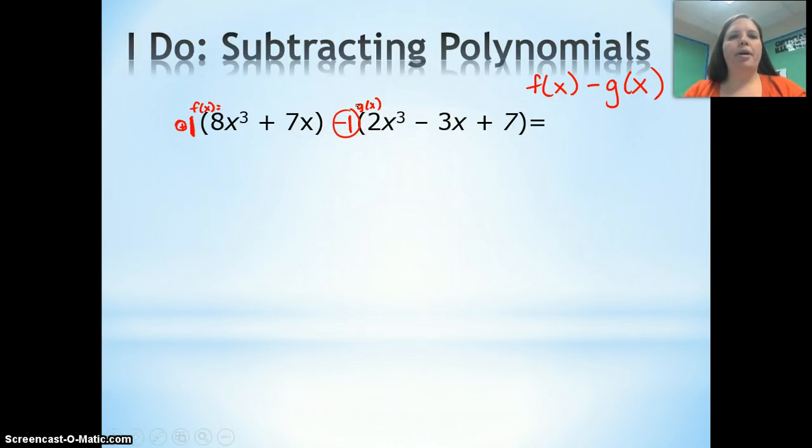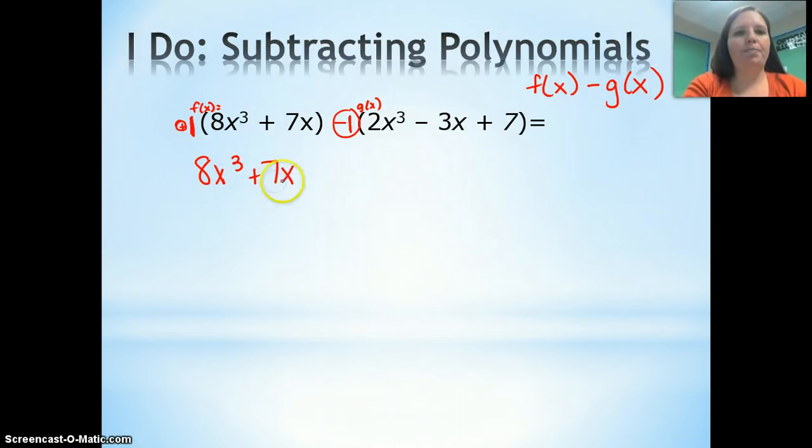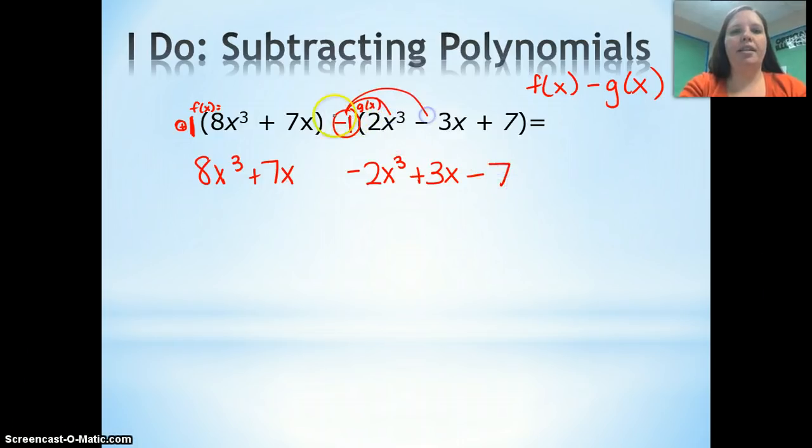So when you think about combining these two together, when we were doing addition, there were just positive 1s outside. When you distribute a positive 1, that doesn't change anything. This is still 8x to the third plus 7x. But when you distribute that negative 1, this second polynomial becomes negative 2x to the third plus 3x minus 7. We have to distribute the negative into each term.